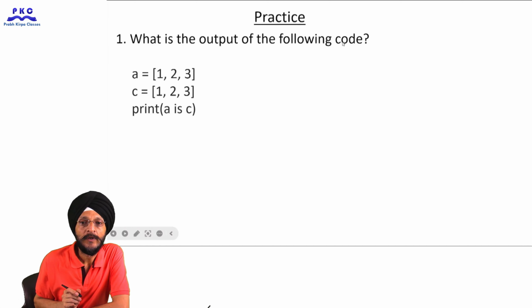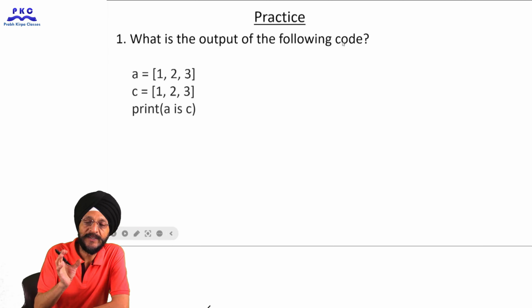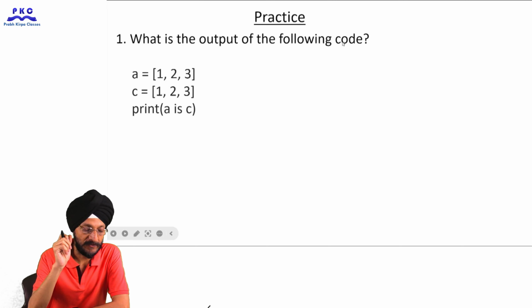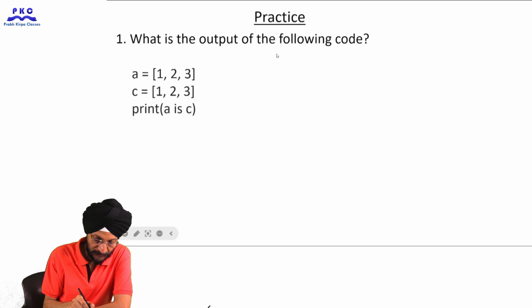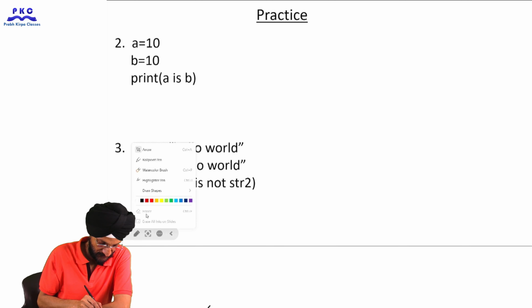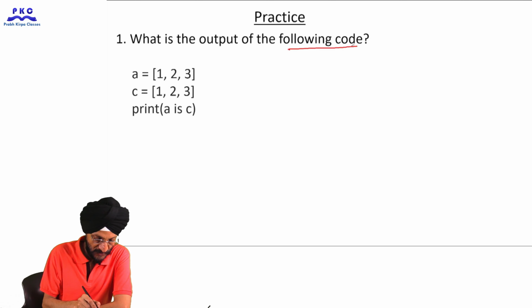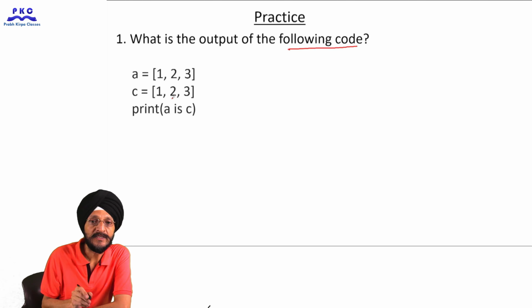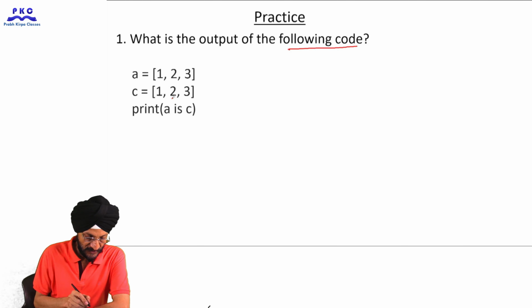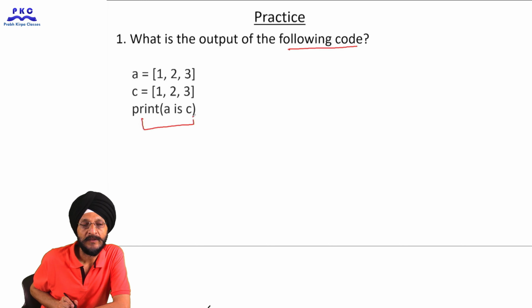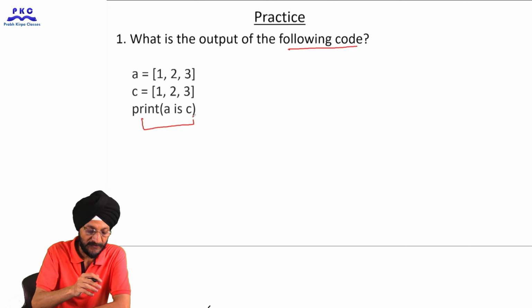Now we will do practice questions to find out how far we have been able to understand the concept of identity operators. What is the output of the following code? So here it is given A is equal to [1, 2, 3], C is equal to [1, 2, 3], and print A is C. First of all, we must understand what is given to us.